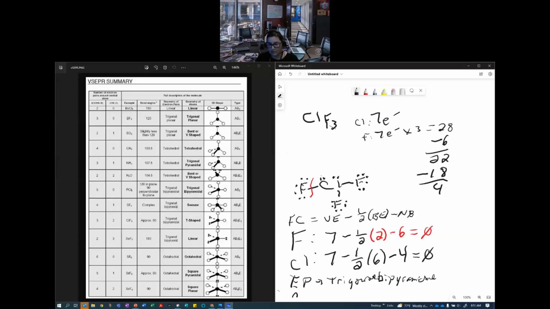And my molecular geometry is T-shaped. And if they were to ask me, then I would say in this particular case that each bond angle is approximately 90 degrees.